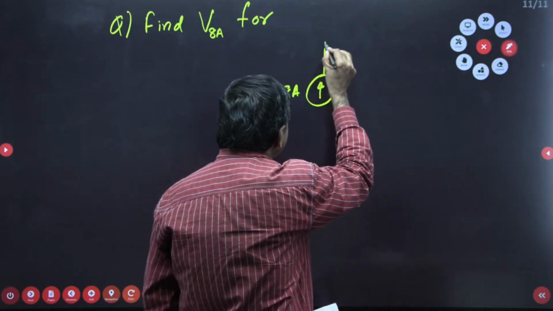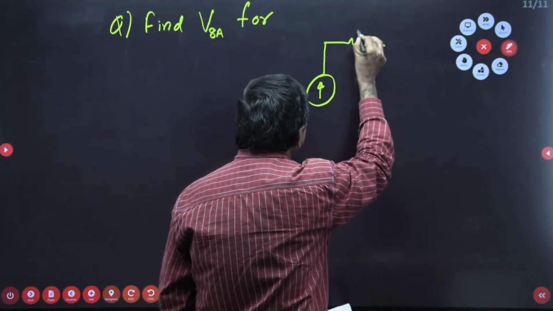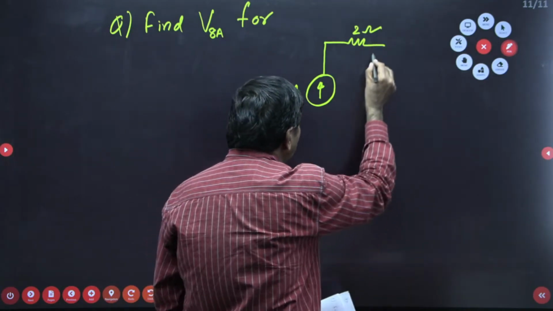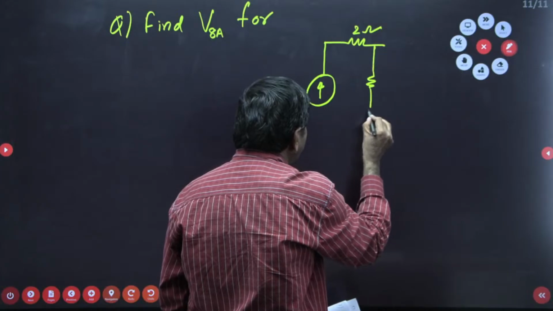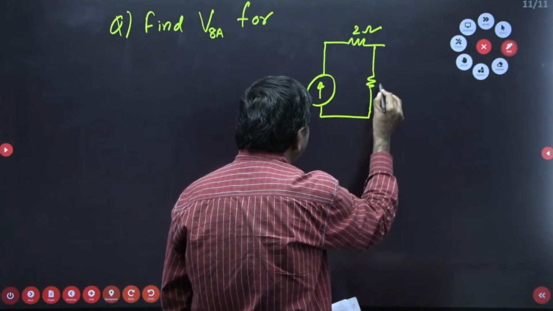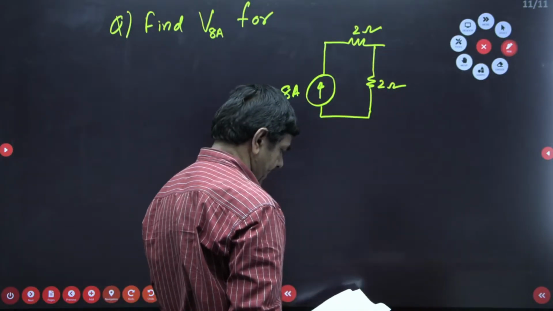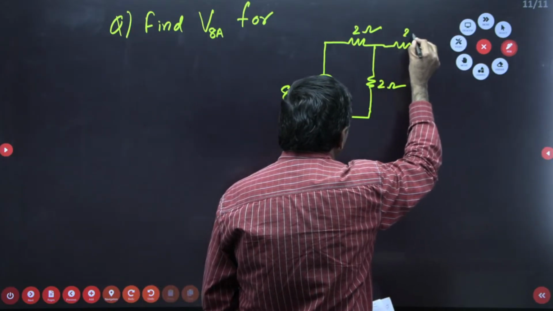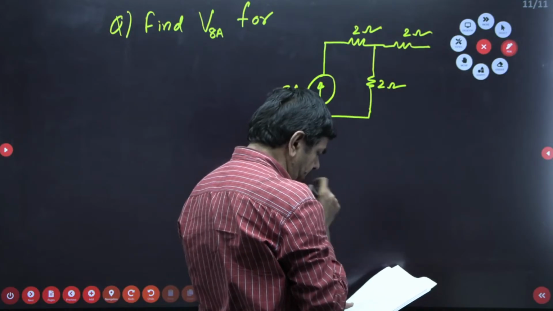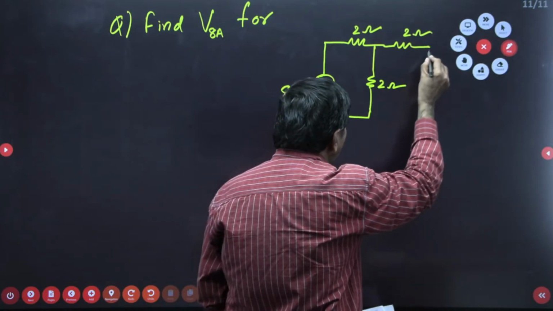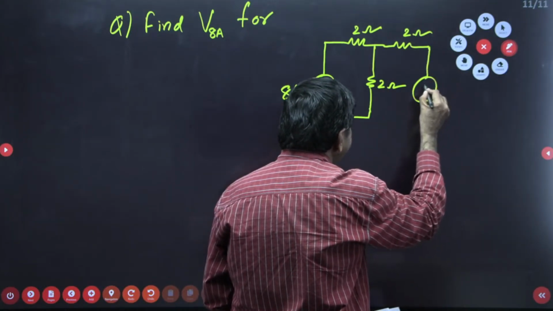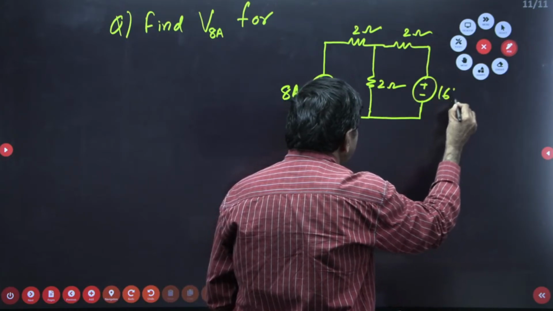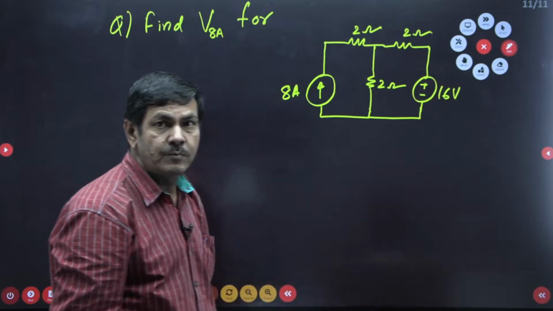A 2 ohm resistor is connected this side. And here connected 2 ohms. This is a 2 ohm. Here connected with a 2 ohm resistance. Here connected with 16 volts.